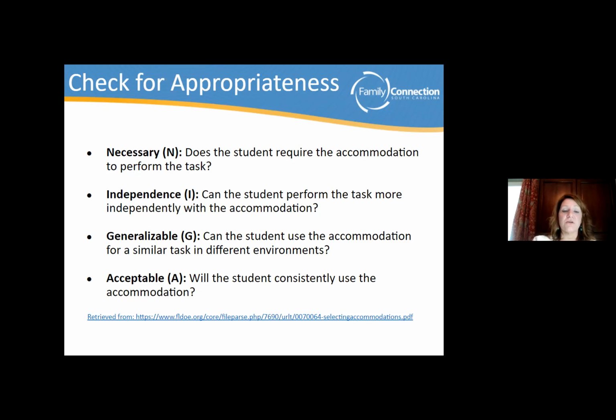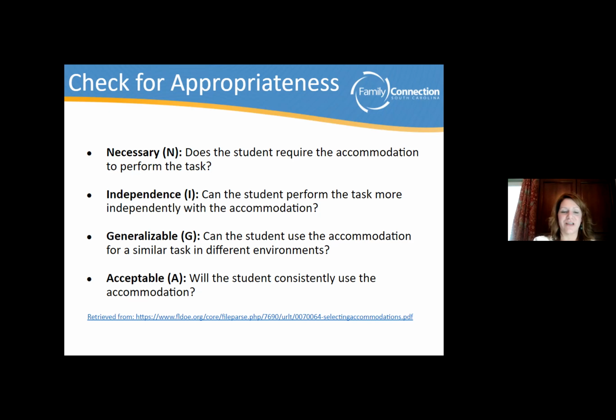And then generalizability. Can the student use the accommodation for a similar task in different environments? So again, what's the setting in which the accommodation may be helpful? It could be across multiple subject areas or multiple physical school settings. And then, is it acceptable? Will the student consistently use the accommodation? That's where the student assessment portion comes in: asking the student, talking to the student, teaching them.